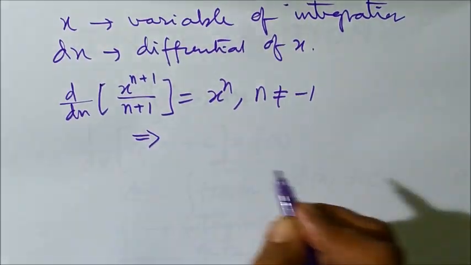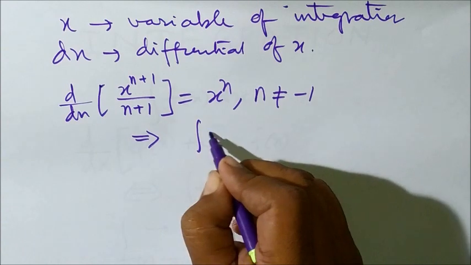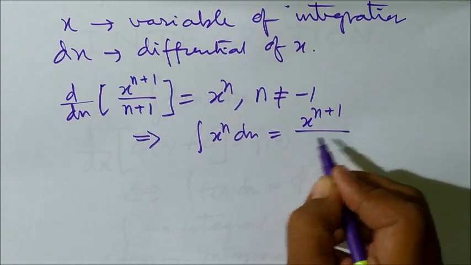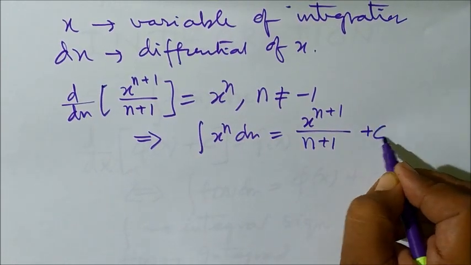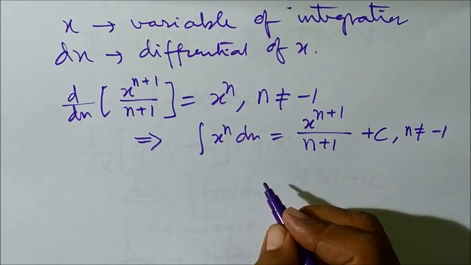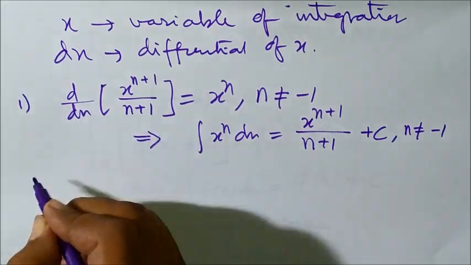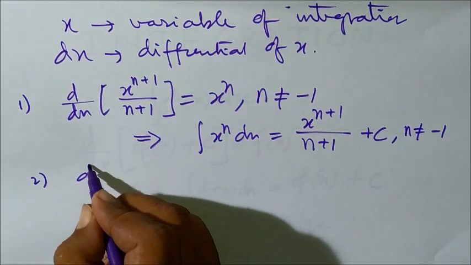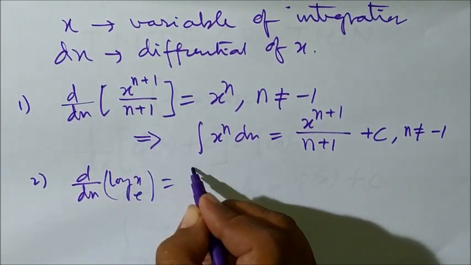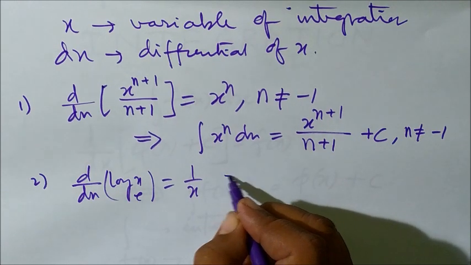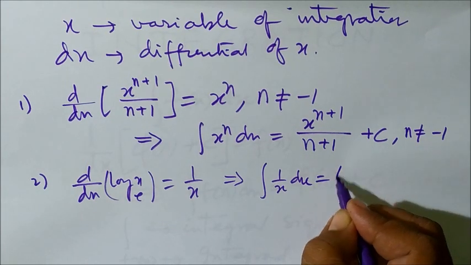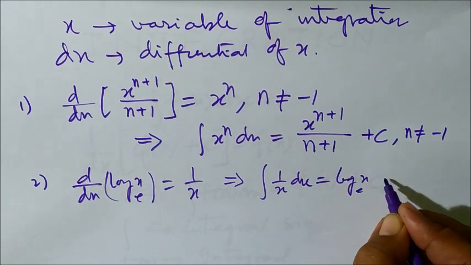This implies integral of x to the power n dx equals x to the power n plus 1 divided by n plus 1 plus c, where n is not equal to minus 1. Second, d by dx of log x base e equals 1 by x. This implies integral of 1 by x dx equals log x base e plus c.